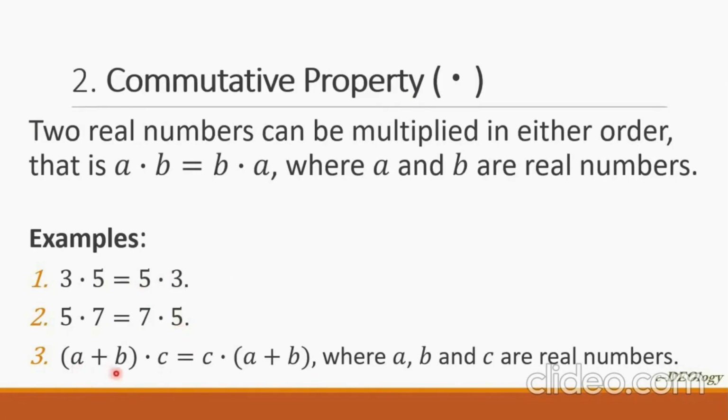This is A plus B taken as one group multiplied by C. So since A plus B is taken as one group, we can do the commutative property, putting this A plus B on the right side, and the C will come first. C times the group of A plus B. And this A, B, and C are all real numbers.